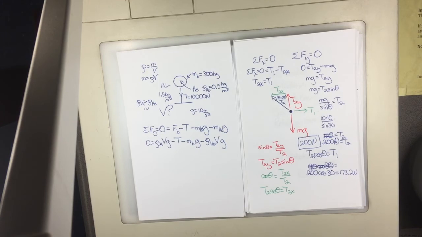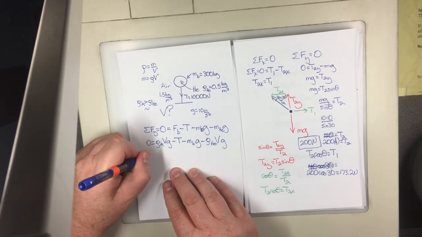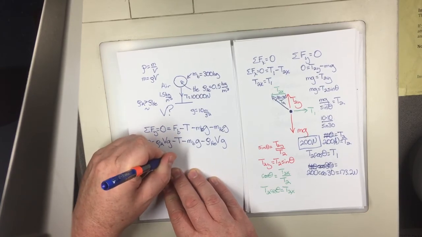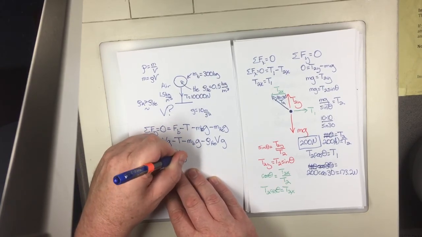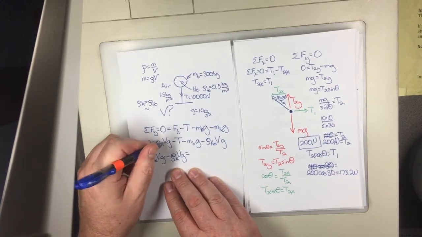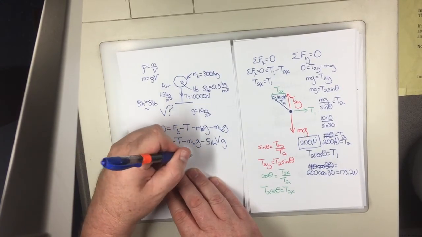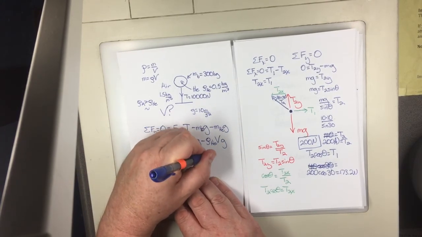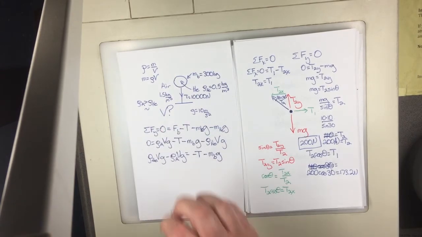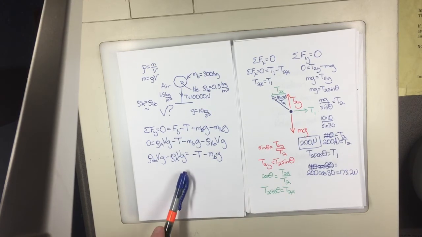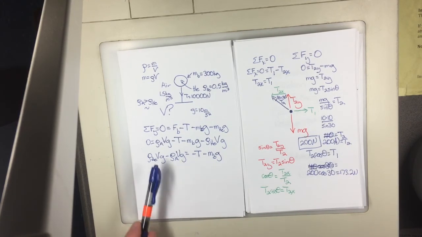I'm looking for volume, so I got to put all the volume terms on one side. Density of helium times Vg, minus density of air times Vg, equals, that comes over, minus T minus mBg. I'm a little bit bothered by the fact there's so many negatives on this side, but what we're going to find out is that this value will be negative.